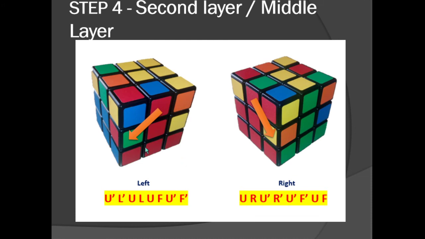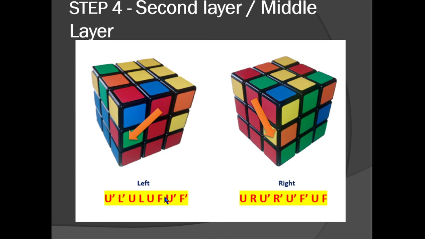On this part of the Rubik's Cube, if you want to put the edge with red and blue color into the left side, you need to use this algorithm: U prime, L prime, U, L, U, F, U prime, and then F prime.